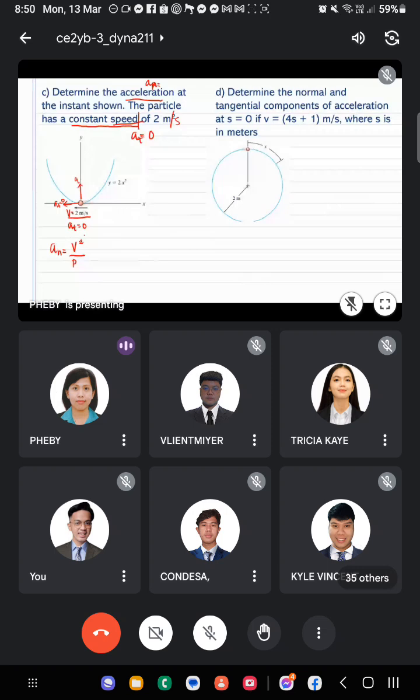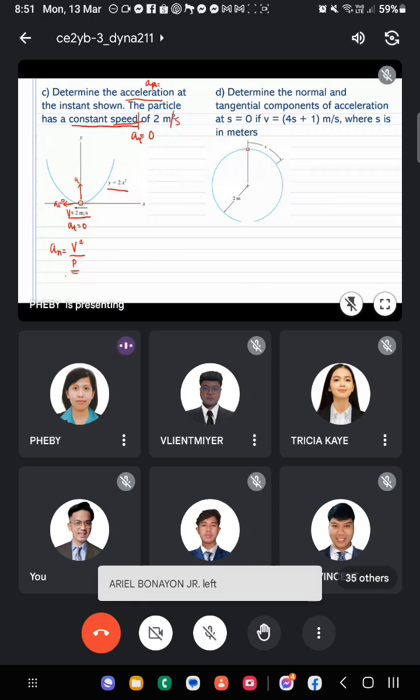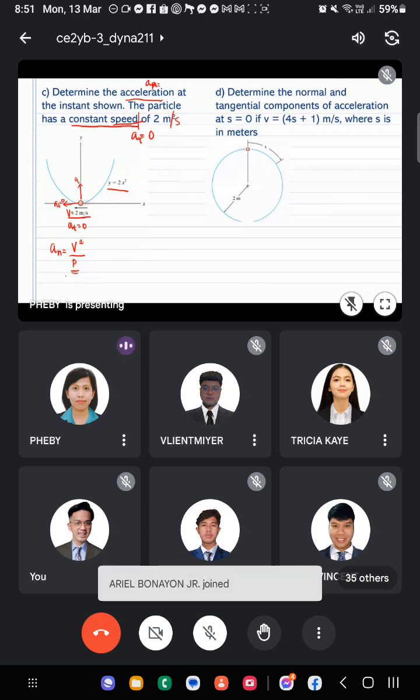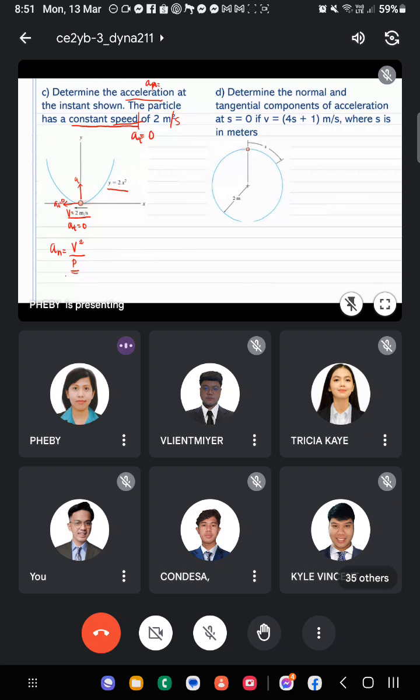Ang kailangan nating masolve is yung ating rho or radius of curvature. So, rho is equals to 1 plus dy over dx squared, raised to 3 halves, over the second derivative of y with respect to x. So, yan yung hinahanap natin. If y is equals to 2x squared, our dy dx is 4x.